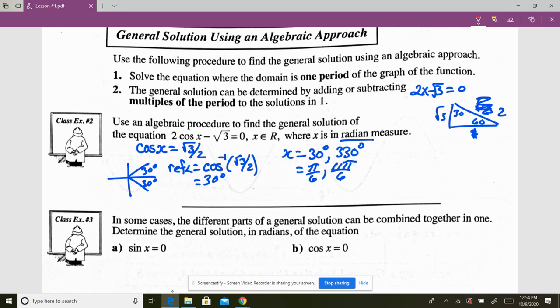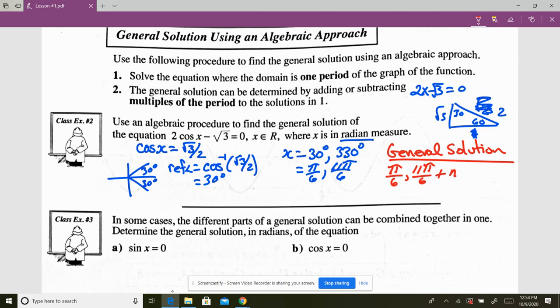They want the general solution. So what do I do? I take my answers and add multiples of the period. What's the period of a cosine graph? 360, but we're in rads, so we have to say 2 pi.